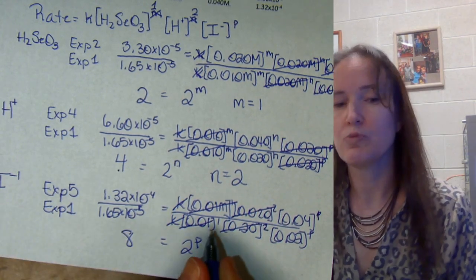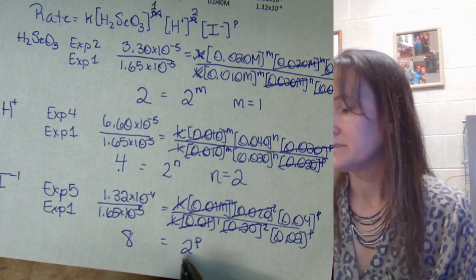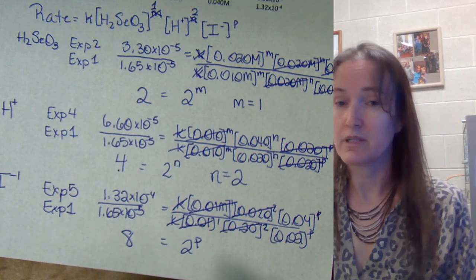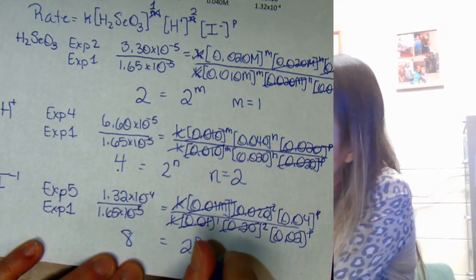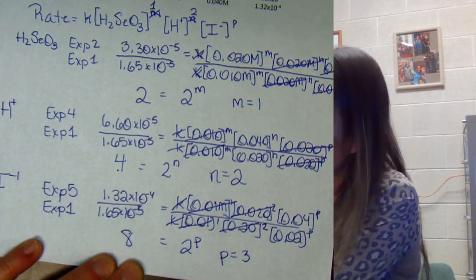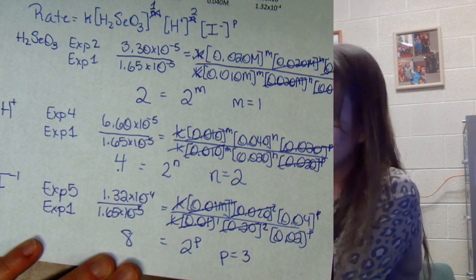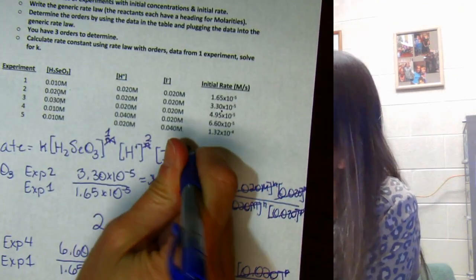So 2 raised to what power is 8? That would be 2 cubed. So it's not 2 times what, it's 2 raised to what. So the order would be 3. So this order is 3.